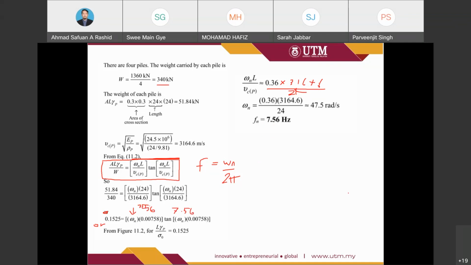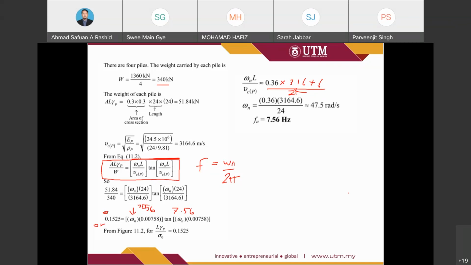Here we may consider the natural frequency of the pile system. Then we may compare it with the frequency from the machine. Is it higher or lower compared to the natural frequency of the end-bearing pile?